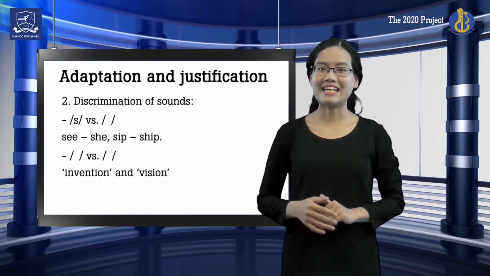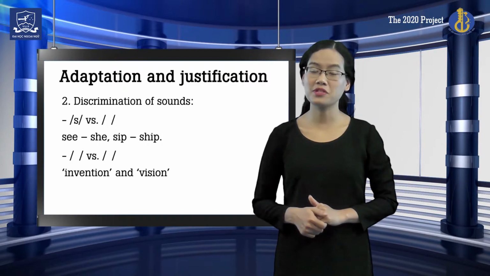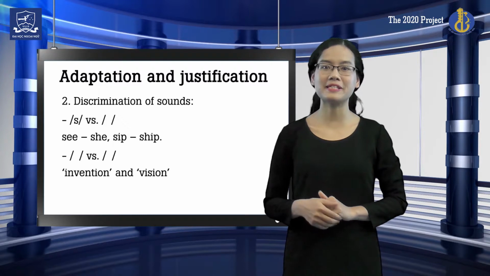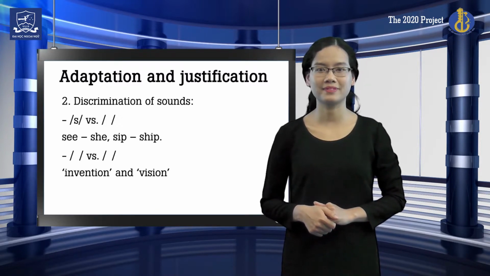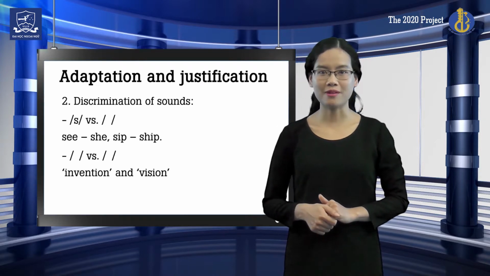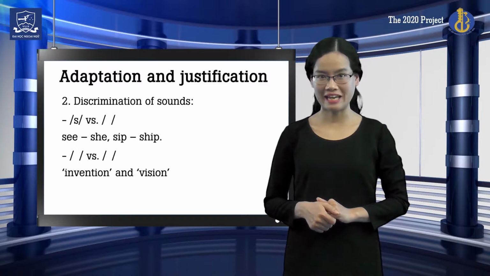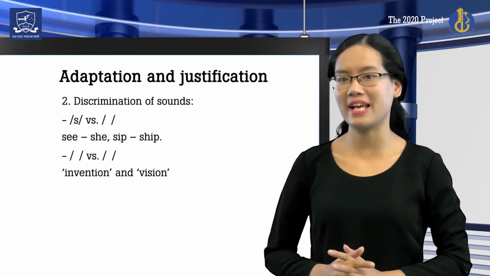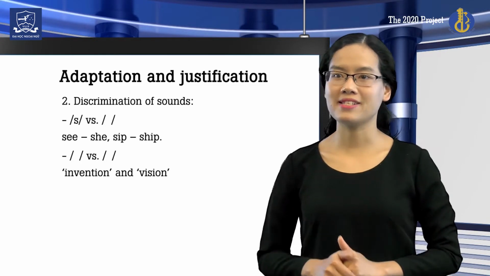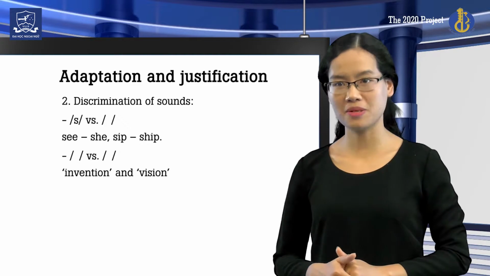Besides, it is essential that in teaching pronunciation, the teacher helps students to distinguish some similar sounds that students may get confused. In this case, the two sounds s and sh should be clearly taken care of. To do this, the teacher may make use of minimal pairs, taking some pairs like see and she, sip and chip.